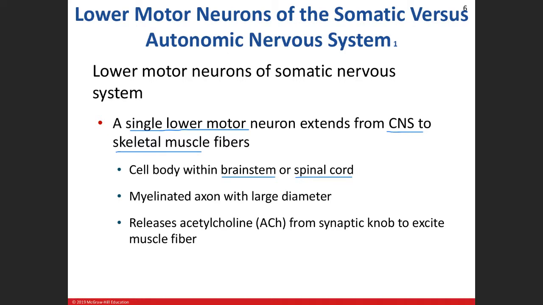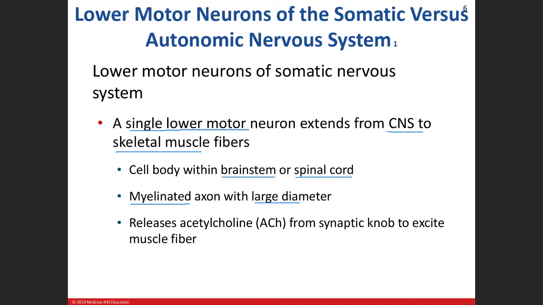It's important that you know this, because we're going to talk about it when we get into the autonomic nervous system. These lower motor neurons are myelinated, and they're pretty big. Remember we were talking about the withdrawal reflex and the stretch reflex. We were talking about alpha motor neurons. Alpha motor neurons are the big mama jambas.